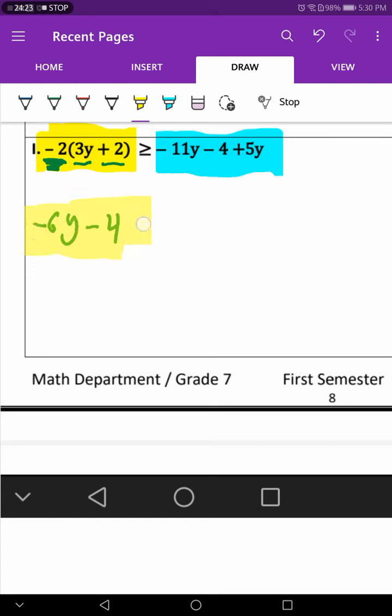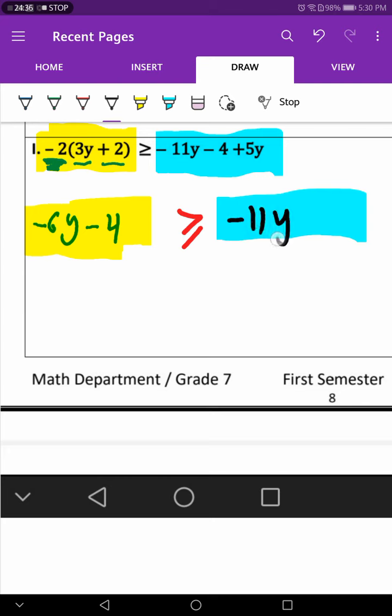This is the left side. Greater than or equal. The right side, I keep it. I will not do anything with it. It is -11y, -4. Or I can do something, my boys, to save your time. It is -11 and 5y.